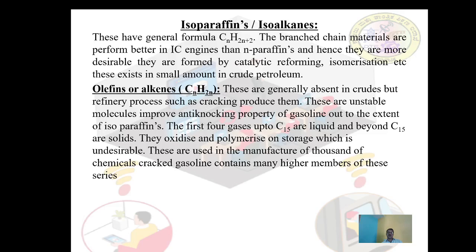The first four members are gases, up to C15 are liquids, and beyond C15 they are solids. They oxidize and polymerize on storage, which is undesirable. These are used in the manufacture of thousands of chemicals. Cracked gasoline contains many higher members of these series.